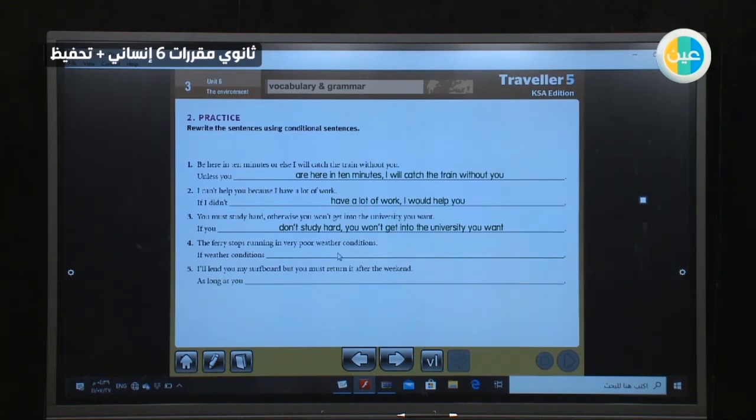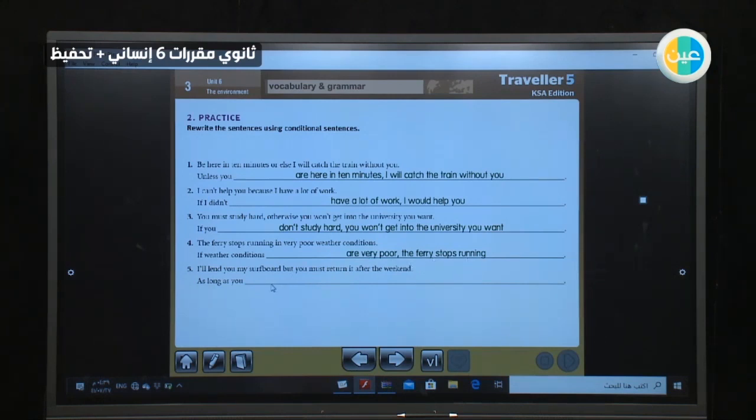The ferry stops running in very poor weather conditions. For sure, if there are very poor weather conditions, the ferries stop. Okay, so this is not even a possible or imaginary situation, it is a truth. So, if weather conditions are very poor, the ferry stops running.